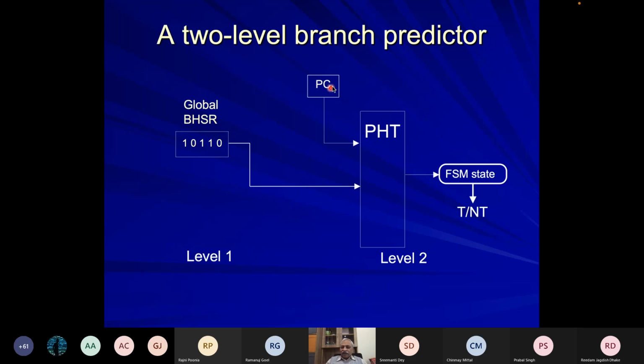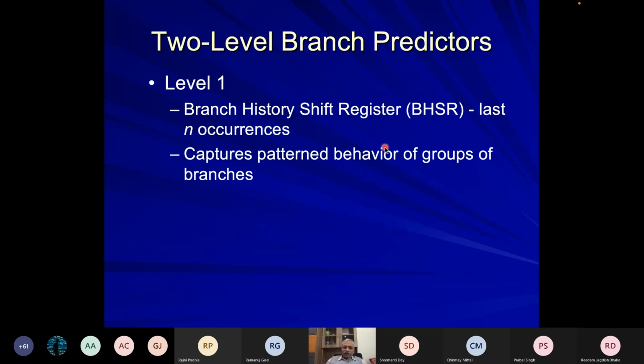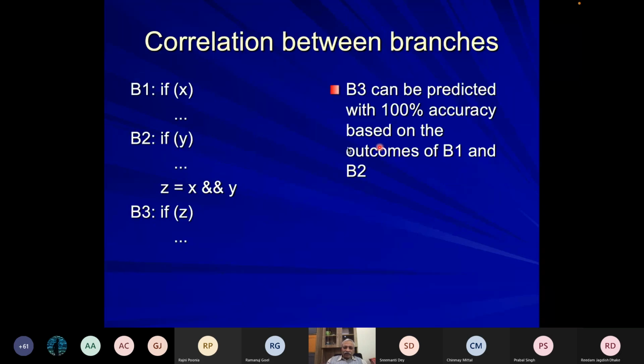What it means is that for every branch and every pattern here, we have an entry here. So what this means is that when we have reached this point, then given the recent history of these two branches, we will look at one FSM.